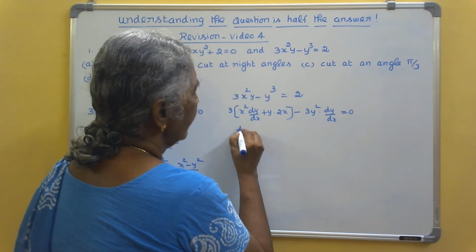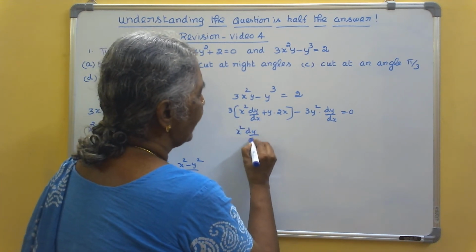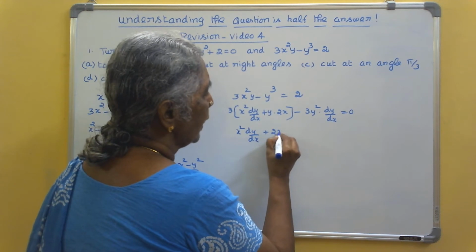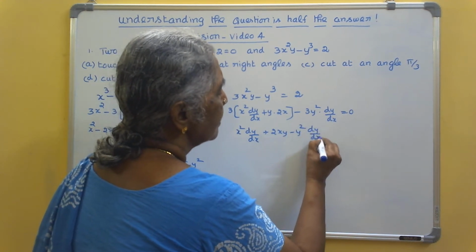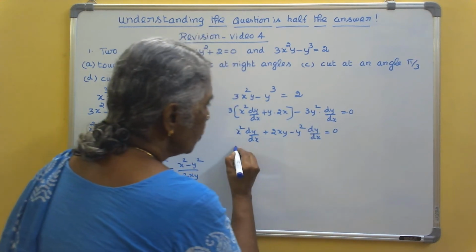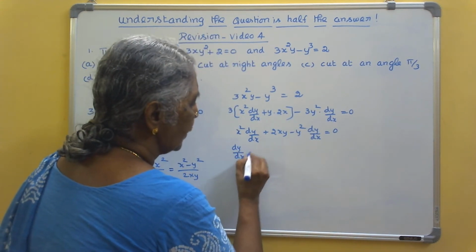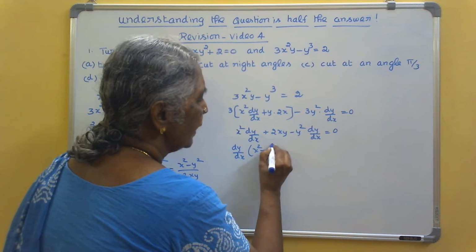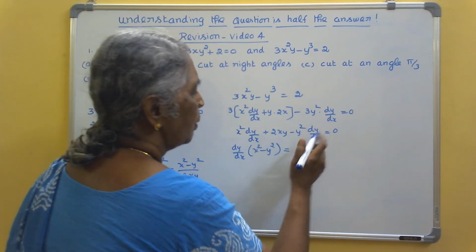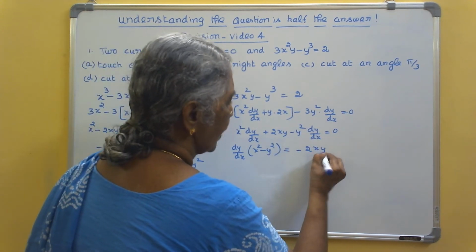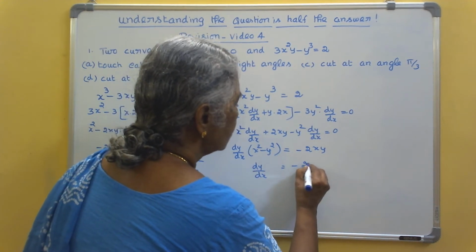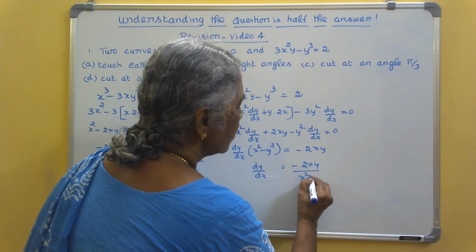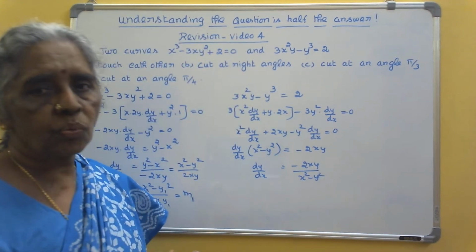So now you will get x squared dy by dx plus 2xy minus y square dy by dx, that is equal to 0. So dy by dx into (x squared minus y square) will become minus 2xy. So dy by dx will be minus 2xy by (x square minus y square).